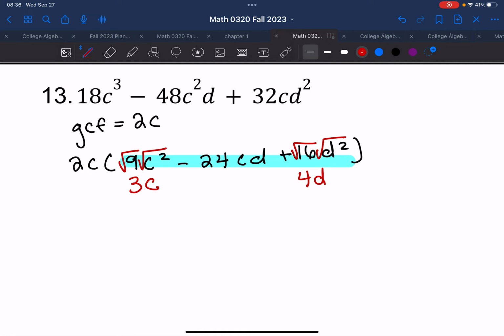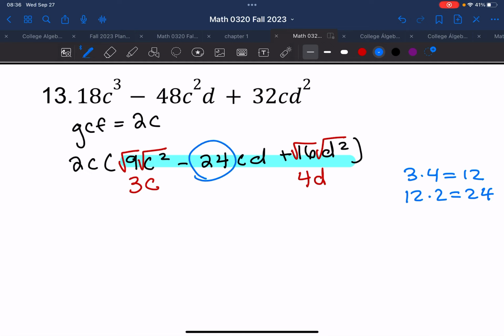What is our next step? Good, we multiply 3 and 4, and we get 12. What's our next step? We have to multiply that 12 by 2, and we get 24. Does that match our middle term? Yes, right here.